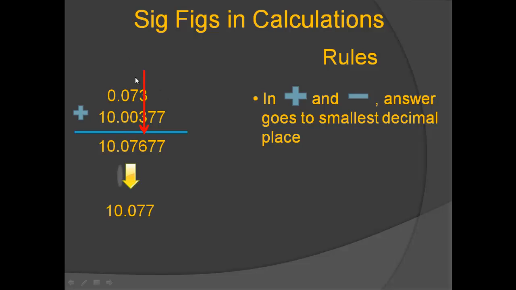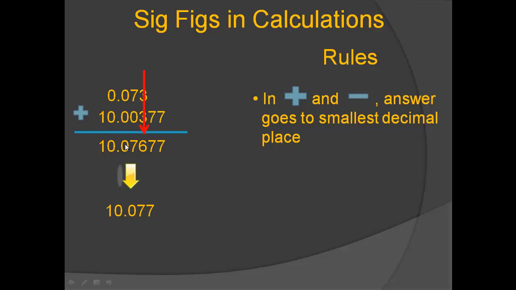The reasoning behind this is, think about what you're doing. You have a number that is only 3 decimal places in accuracy, and you're adding it to another number that has 5 decimal places of accuracy. How can you report a number with more accuracy if one of the numbers that you're using to get to the final answer has less accuracy than your answer? Does that make sense?